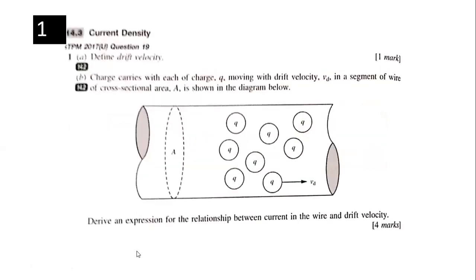Okay, define drift velocity. What is drift velocity? These are all scoring points. You should be able to memorize it by your fingertips. Be able to tell me, since you have just done your exam.